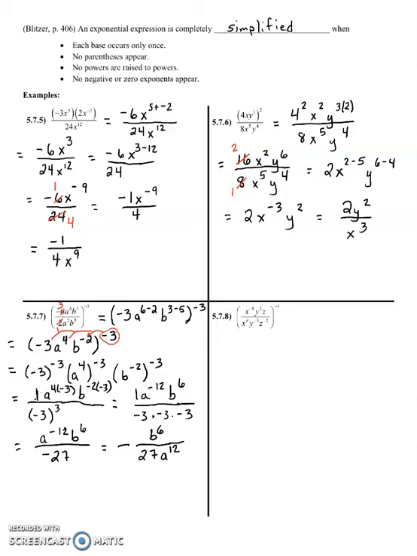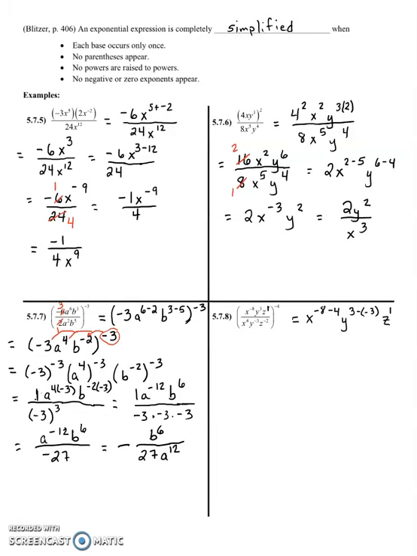Okay, now on 5.7.8, we can simplify within the parentheses first. So we have, using the division rule, x to the negative 8 minus 4, y to the 3 minus a negative 3, and z, now if there's no exponent written, there's a 1 there.